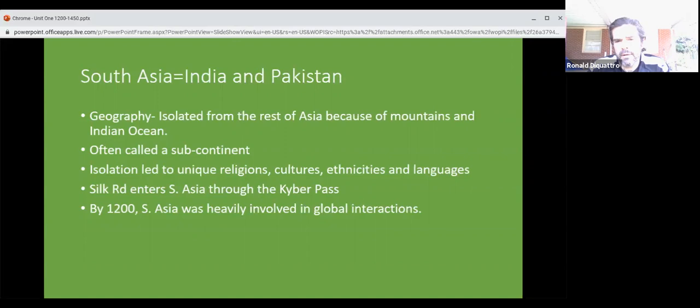The other reason it's cut off is most of the land adjacent to South Asia is either very, very, very large mountains or desert. Especially famous on its northern borders is the Himalayas, which most famously have Mount Everest on them. So these are not small mountains.